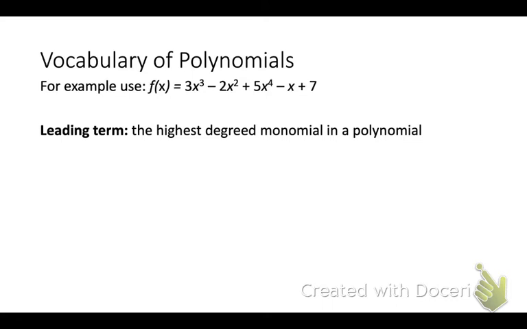Remember, your leading term is the highest degree monomial in a polynomial. So the leading term in this case would be 5x to the fourth, which would make my leading coefficient positive 5.